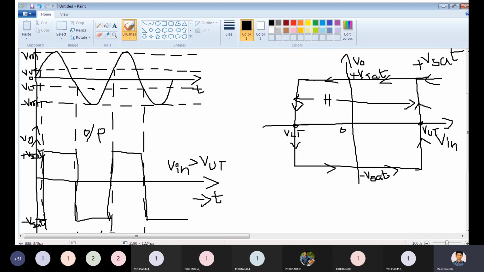Once it reaches VLT, it will come down to minus V saturation.